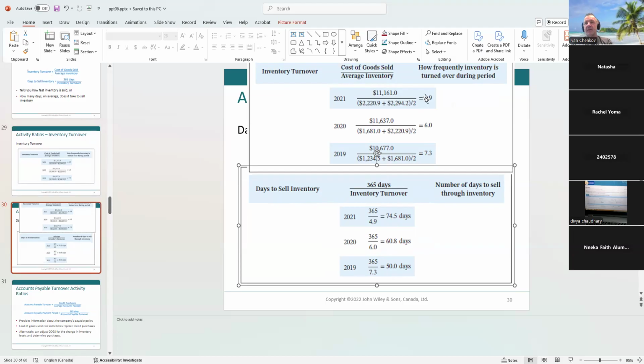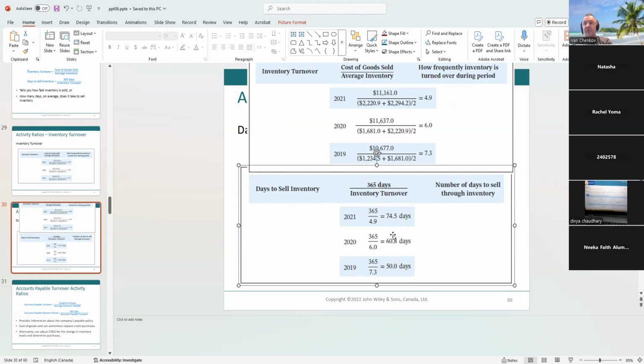You can see only a decrease of 1.1 in the inventory turnover. Transferred to days, how many days is that? 15 days, people. 14 days. How much is 14 days? 2 weeks.